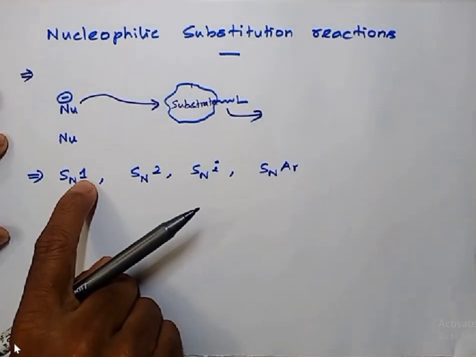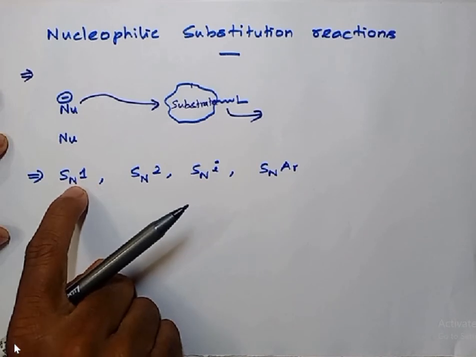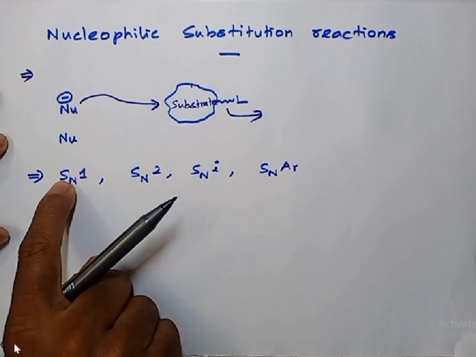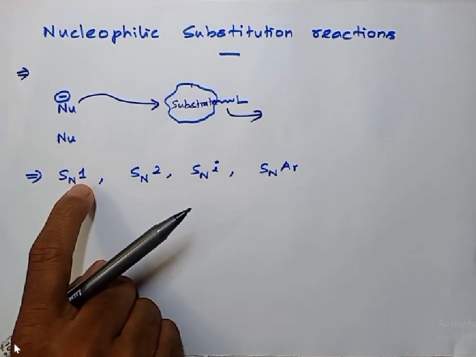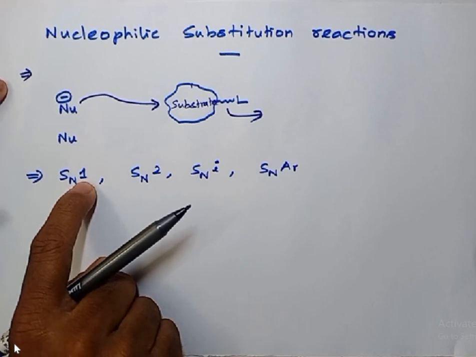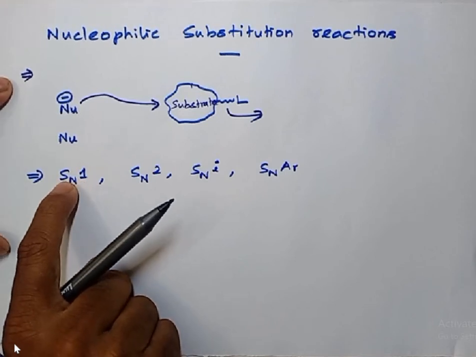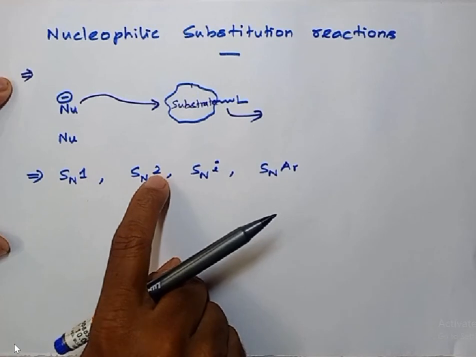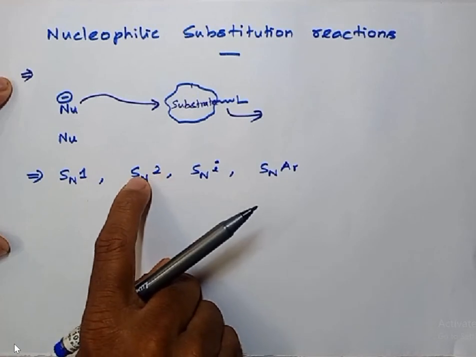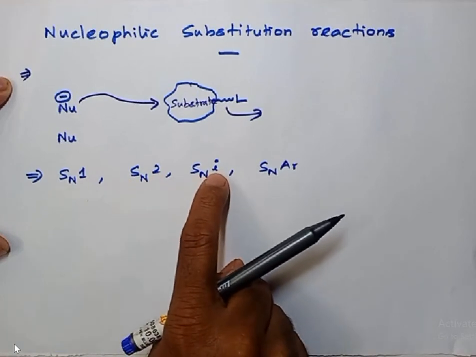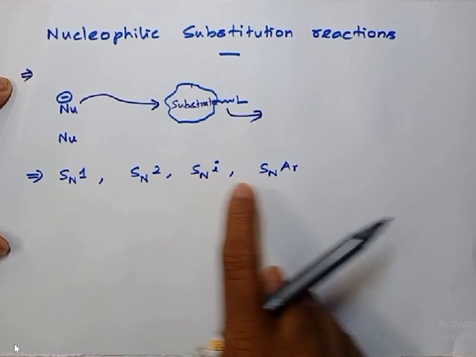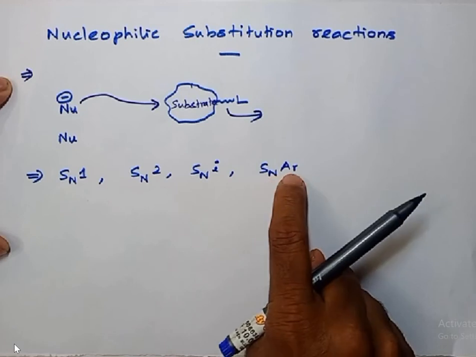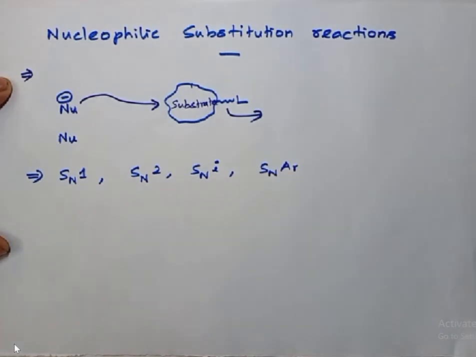S means substitution, N represents nucleophilic, and 1 represents unimolecular. So Sn1 is the unimolecular nucleophilic substitution reaction. Sn2 means bimolecular nucleophilic substitution reaction. Sni means intramolecular nucleophilic substitution reaction. SNAr means aromatic nucleophilic substitution reaction.